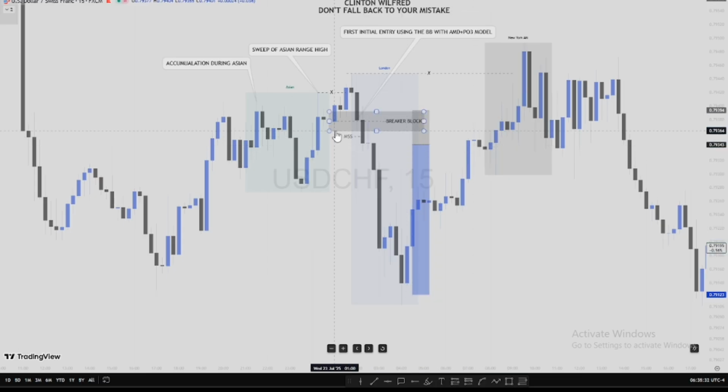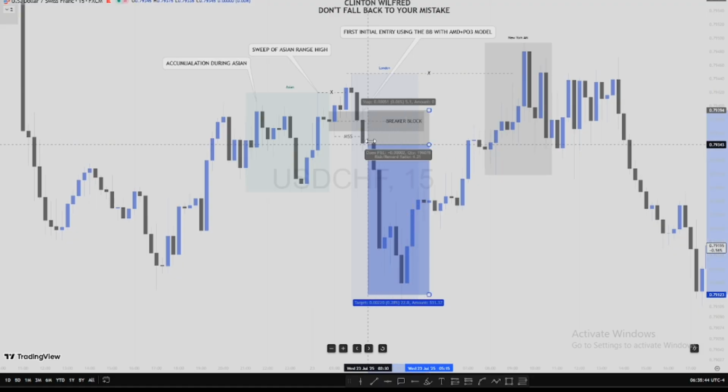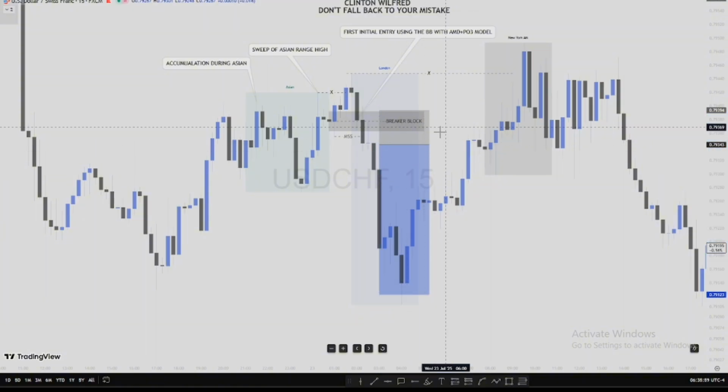After I mark out my bearish breaker, what do you see here? You can see price traded back to this bearish breaker, then closed. We had an entry, then stop loss will be at the highs of the last down close candle.